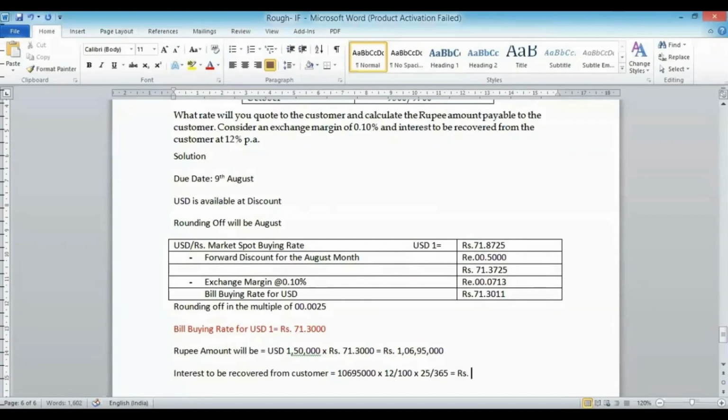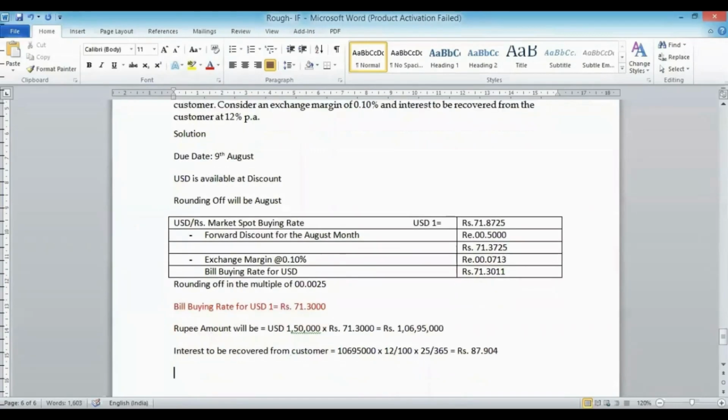Rupees 87,904. This amount has to be deducted.